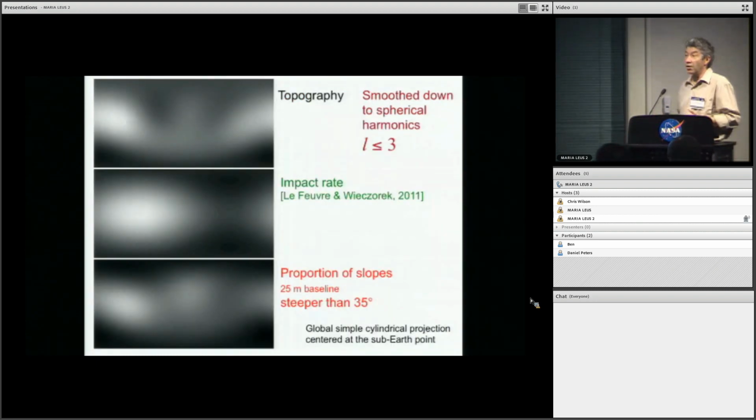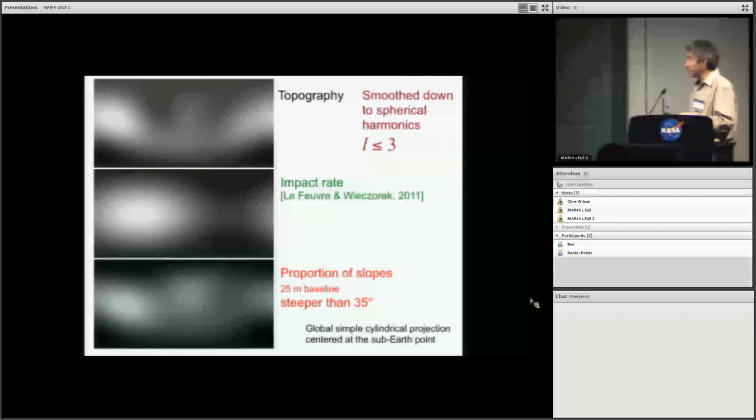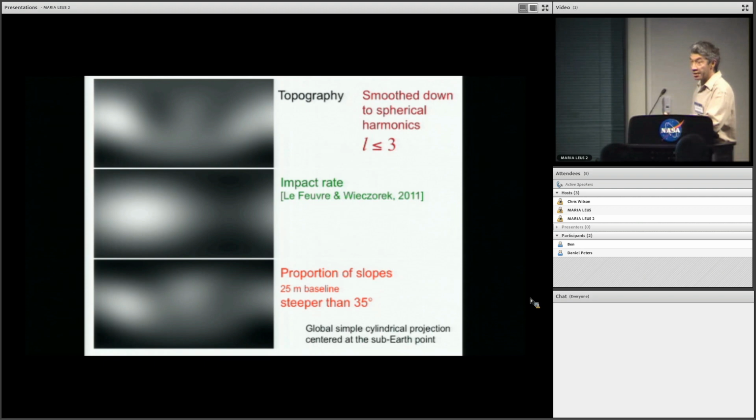If we consider the global distribution on the sphere, on the whole Moon, it is not that simple. This is our map of the proportion of steepest slopes smoothed down to spherical harmonics of degree 3.